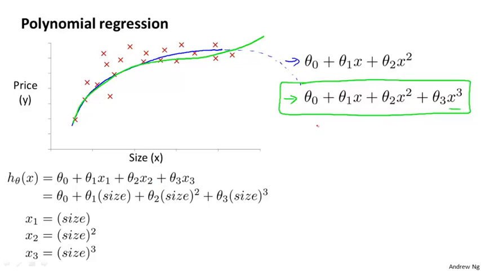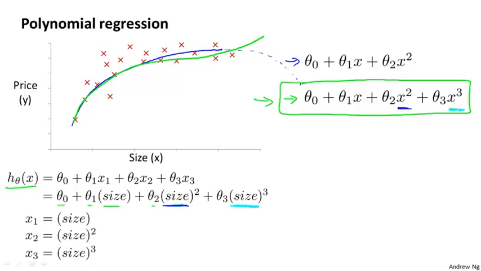And if we want to fit this cubic model that I have boxed in green, what we're saying is that the predicted price of a house is theta 0 plus theta 1 times the size of the house, plus theta 2 times the square of the size of the house, so this term is equal to that term, and then plus theta 3 times the cube of the size of the house, right?